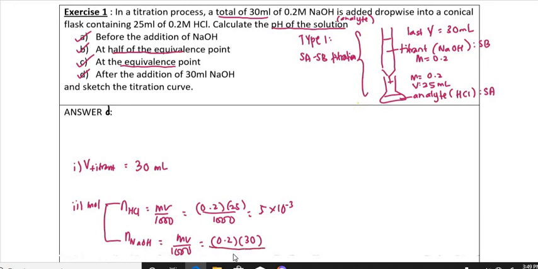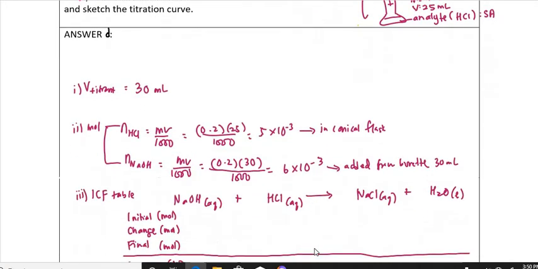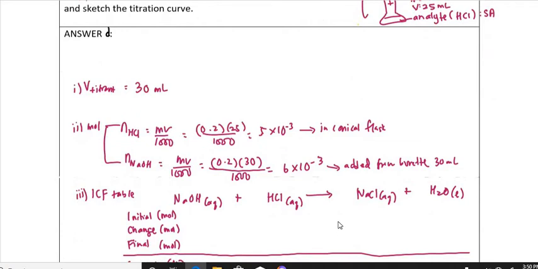Okay, and divide by 1000, get 6 exponent negative 3. This is a mole in conical flask. Okay, this is the mole that you added from burette. Okay, for 30 ml, this is the mole. Okay, after you added 30 ml titrant.